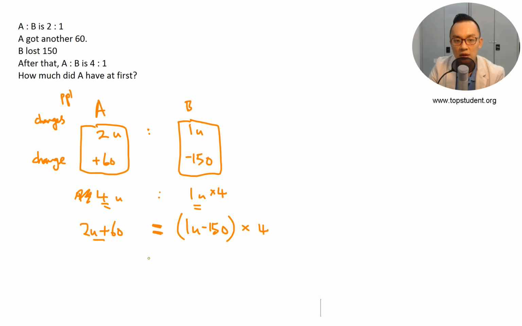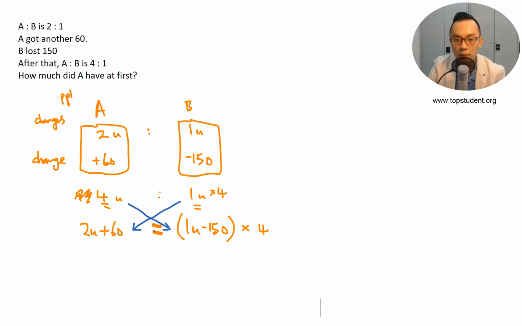This is actually that key step that I was talking about. You need to realize that when I combine the 1U minus 150 and the 2U plus 60, and I need this equal sign in the middle, I need to do something called a cross multiply. A cross multiply is basically I take this, multiply here, and I take this, multiply here.